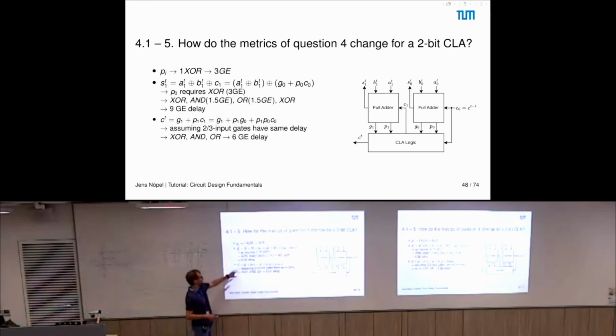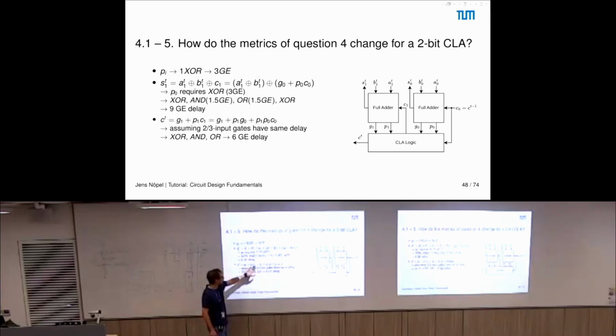So what's the formula for C now? We remember how to calculate the carry out for CLA logic. We take the G1, if that is the generate, then we get a carry out, or we have a propagate P1 and a carry in.